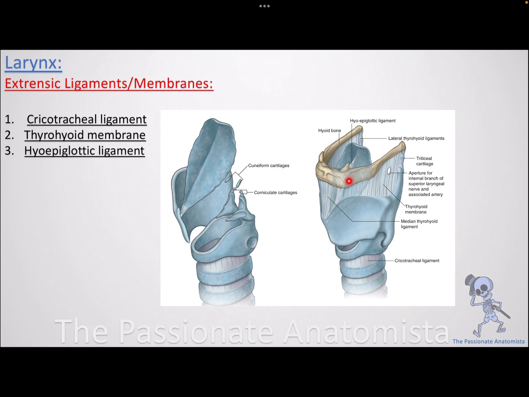So again, we are fixing ourselves as cartilages of the larynx to the things on top of us and below us. On top we have the hyoid, so we have the thyrohyoid membrane, we have the hyoepiglottic ligament on the top, and then we have the cricotracheal ligament down to connect us as parts of the larynx to the following structure, which is the trachea.